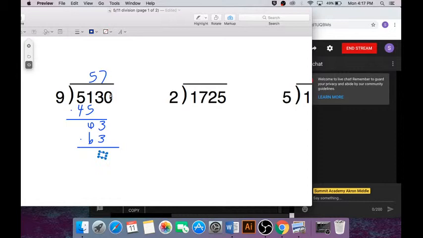But we're not done yet. We still have to bring down this other 0. So now we have to figure out 9 times what gets us as close to 0 without going over. So that's going to be 0, because 0 times 9 is 0. We're going to do 0 minus 0, and that gives us 0.